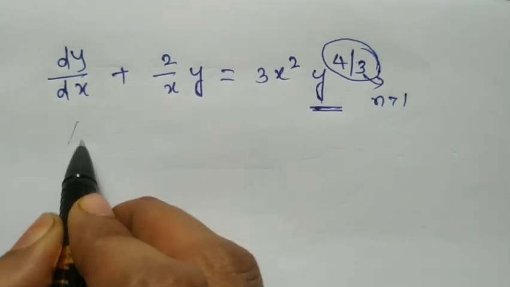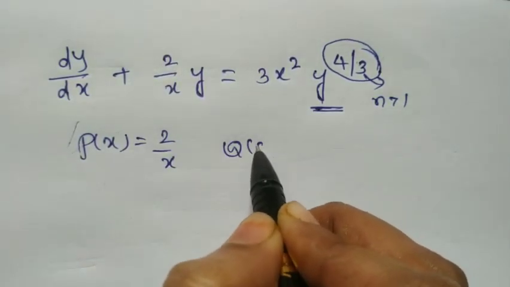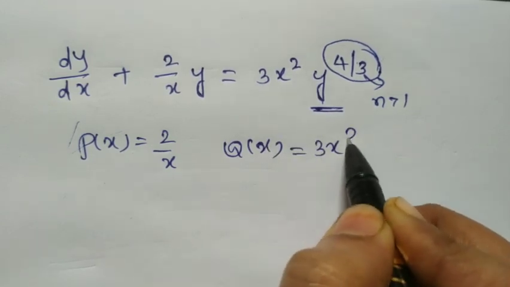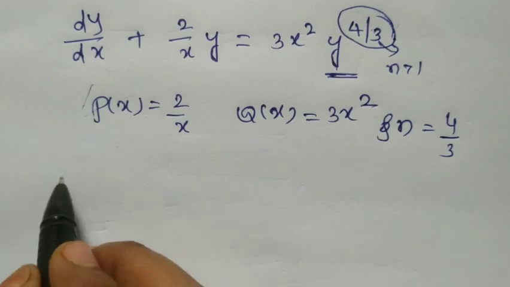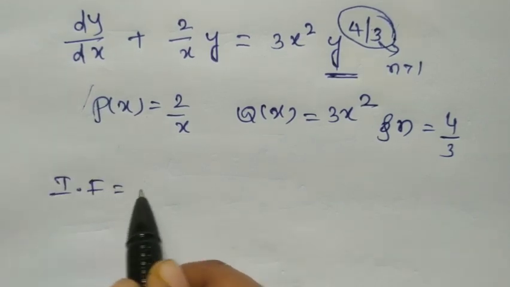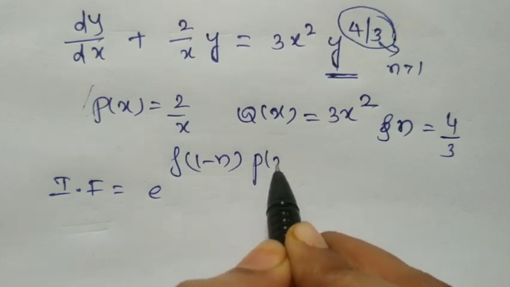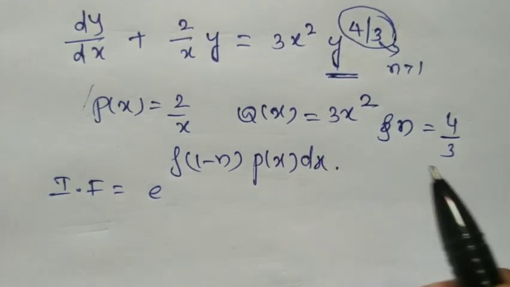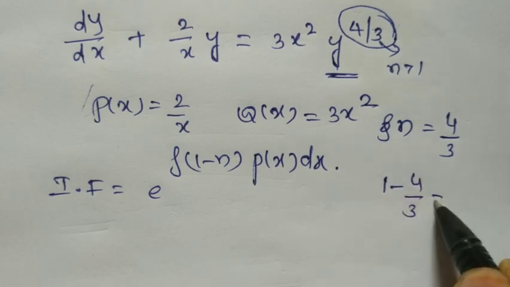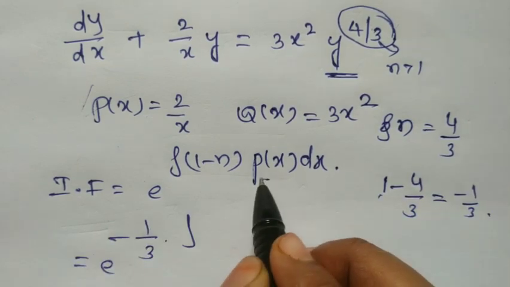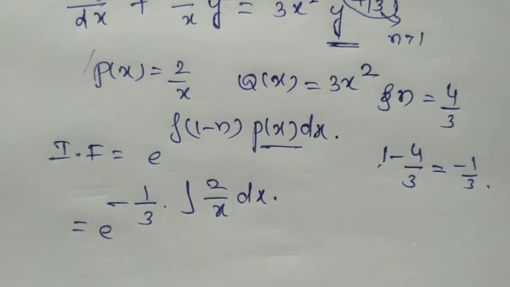So P(x) = 2/x, Q(x) = 3x², and n = 4/3. Therefore the integrating factor equals e to the power of the integral of (1 − n) P(x) dx. Here 1 − n is 1 − 4/3, that is −1/3, times the integral of 2/x dx.